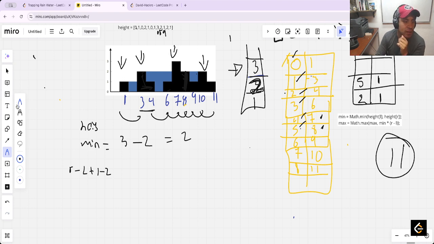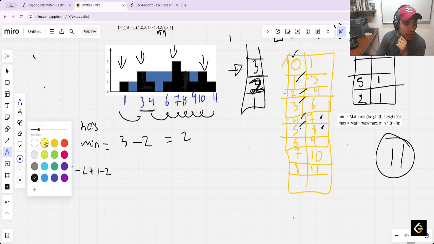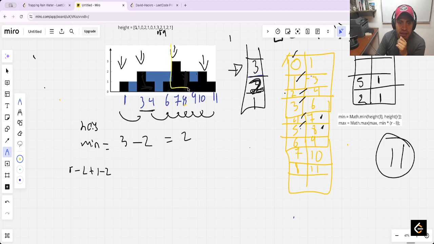okay, we are focused on this case, for example, and we are here. This is our current pair, 9 and 10. The result is 0, that's it.